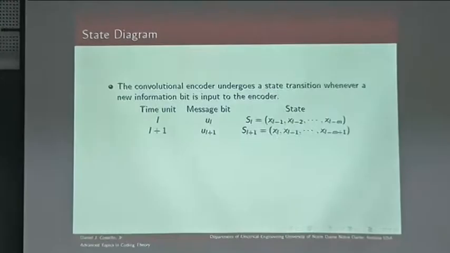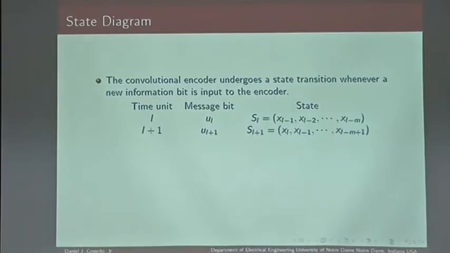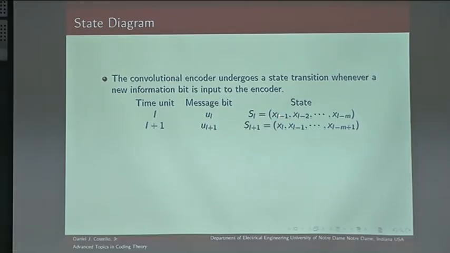So each time a new information bit enters the encoder, it goes through a state transition, otherwise the state changes. At time unit L, you have a message bit U sub L, and say this is your state. Then at time unit L plus 1, a new message bit comes in, and the contents of the first M minus 1 stages of the register shift, and they're now the last M minus 1 stages of the register.